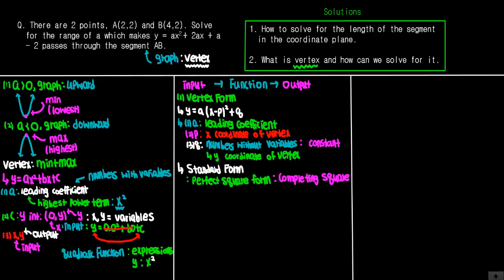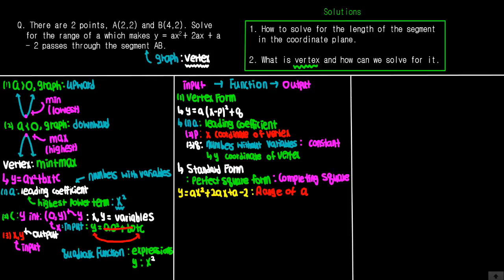But first, let's write our standard format quadratic function down. It is going to be y is equal to ax squared plus 2ax plus a minus 2. Our ultimate goal in this question is to solve for the range of a.